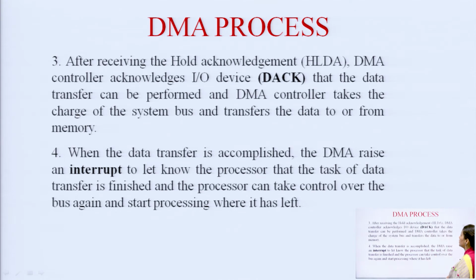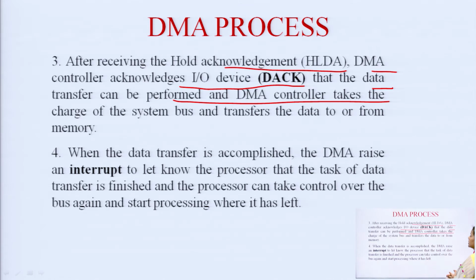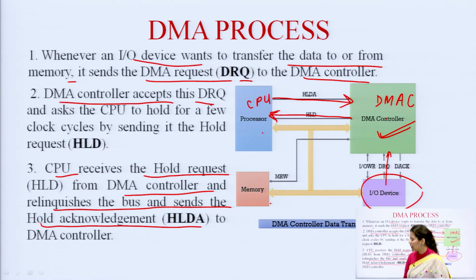Now, what will happen? After receiving the hold acknowledgement, DMAC acknowledges the input output device that the data transfer can be performed, and the DMA controller takes charge of the system bus and transfers the data to or from the memory. So, next what is happening? Ultimately, who was making the request? The input output device through the DRQ.